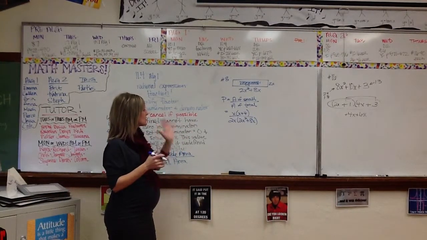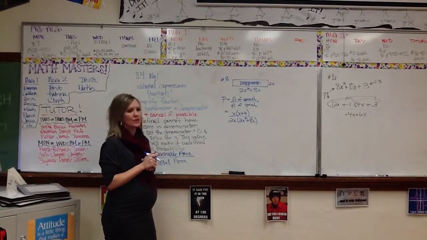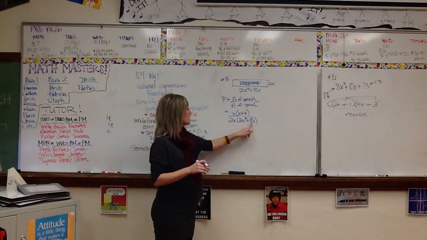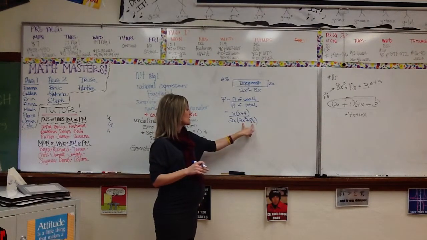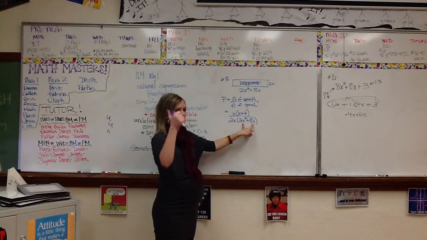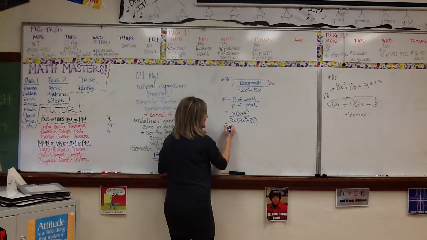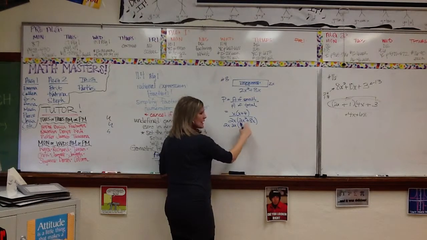Aaron, when you look at this, do you see anything that might be able to be factored further? The bottom set, right? Because Anna, what do you notice about those two terms? They can be divisible by 2 and they have x's. You can take a 2 out and an x out, okay? So I could take another 2x out front, and if I took a 2x out here, what would be left?